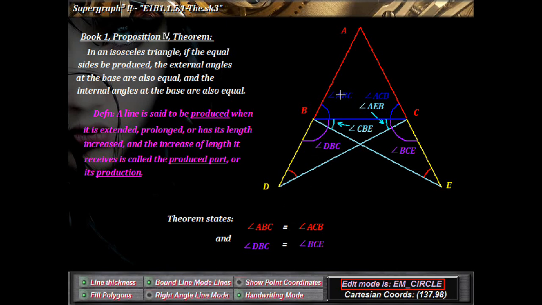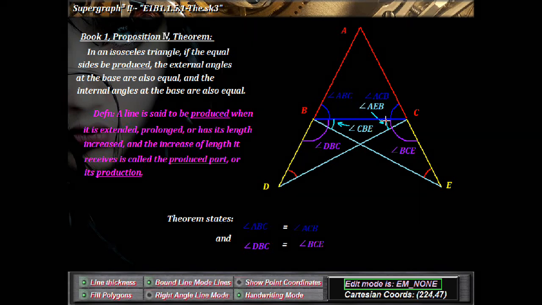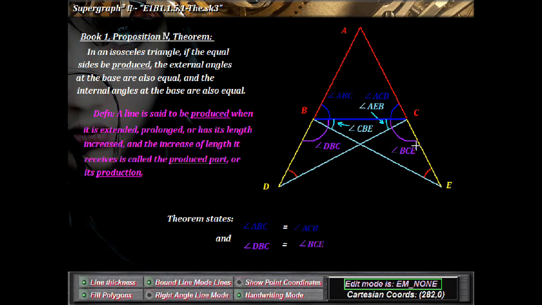This should be blue, because I drew the angle blue. Okay, so the theorem states we want to show these are equal and these, what they call the exterior angle, these two are equal.